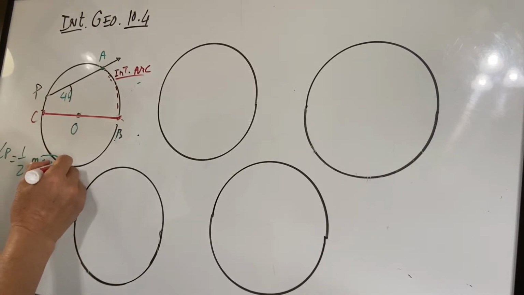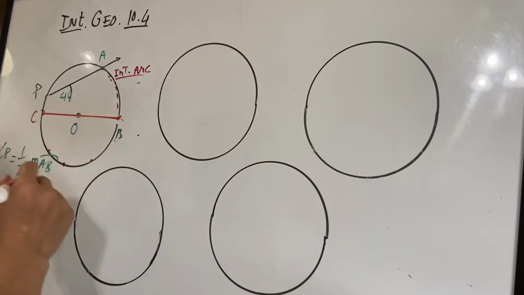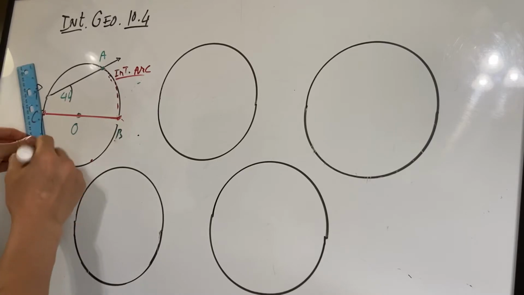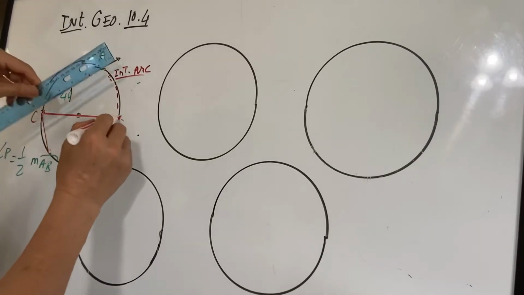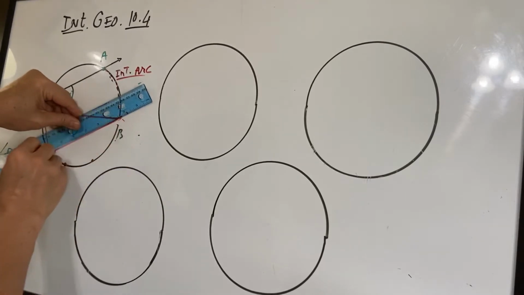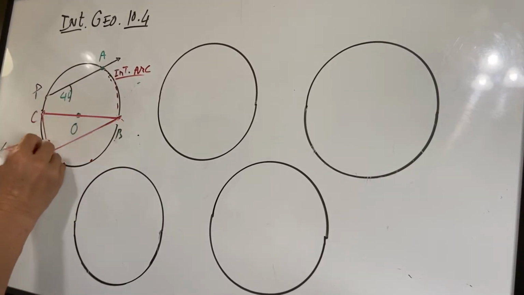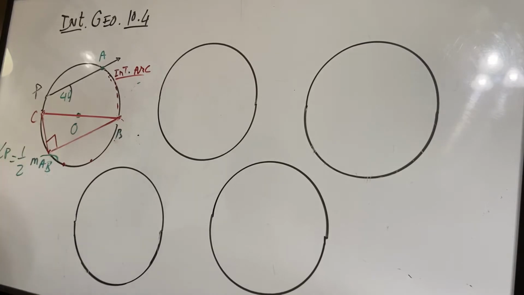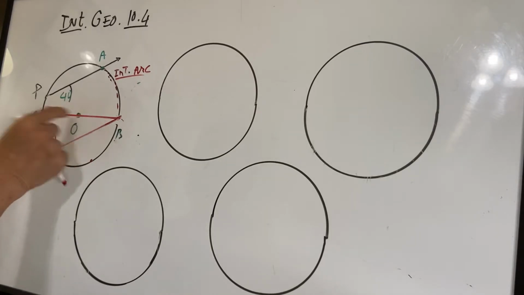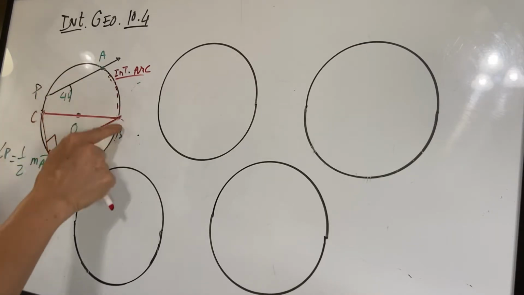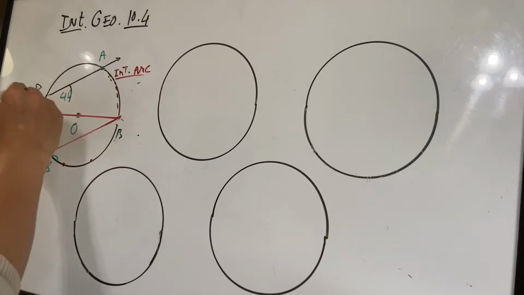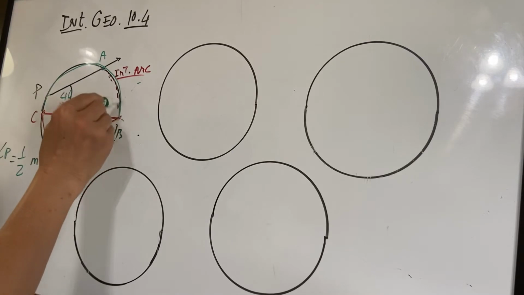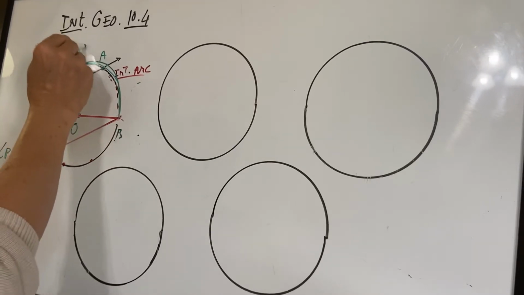Any point on this semicircle forms an inscribed angle to the two endpoints. Let's call it point X. Can anyone tell me what this angle is? That's right, 90 degrees, because the intercepted arc CB is a semicircle. The minor arc, the semicircle CB, is 180.